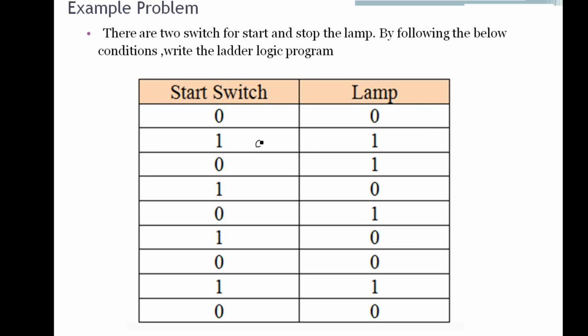This is 1. This is 2. This is 3. This is gonna be the 4. This is 5. This is 6. And this is 7. Fine? Got it? So let's see this.